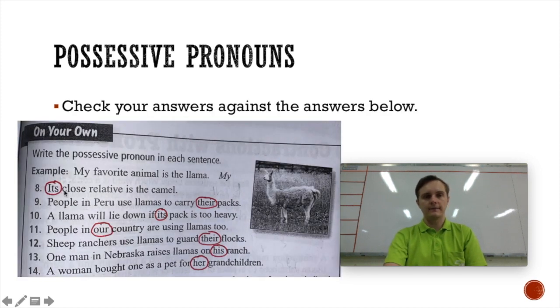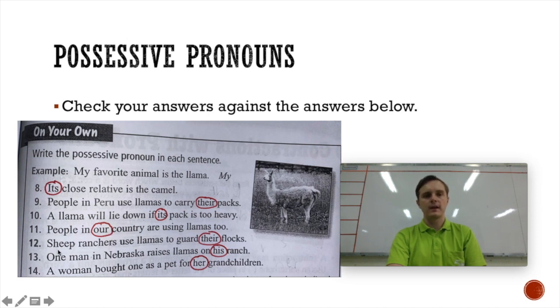Number 8, its close relative is the camel. Its. Number 9, people in Peru use llamas to carry their packs. Their. Number 10, a llama will lie down if its pack is too heavy. Its. Number 11, people in our country are using llamas too. Our.